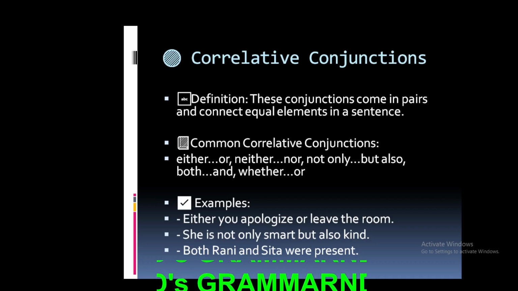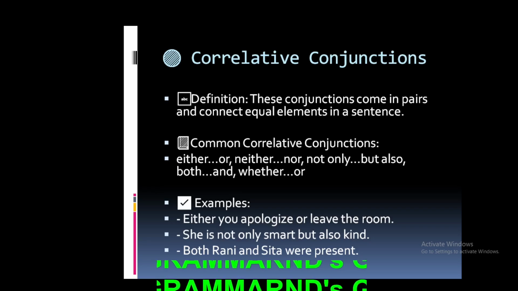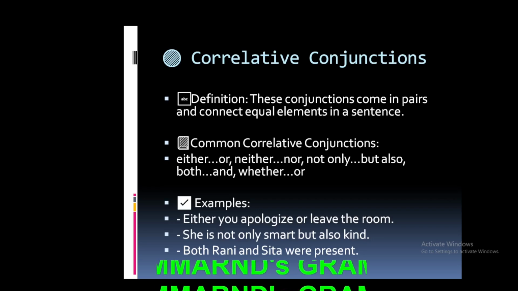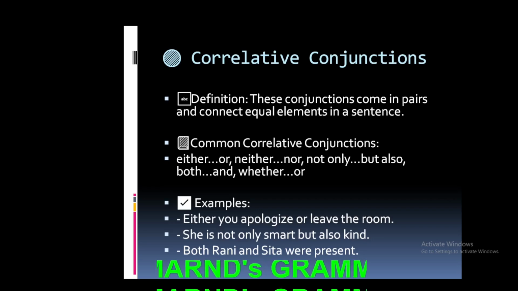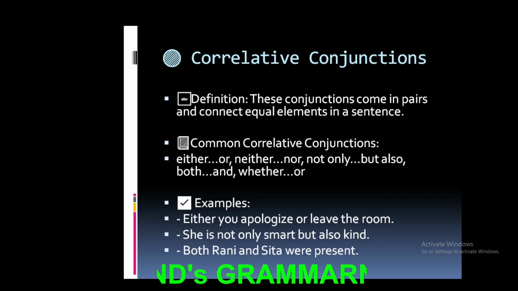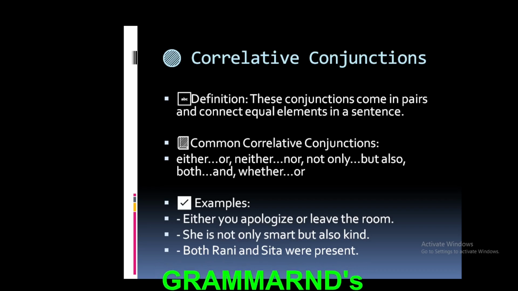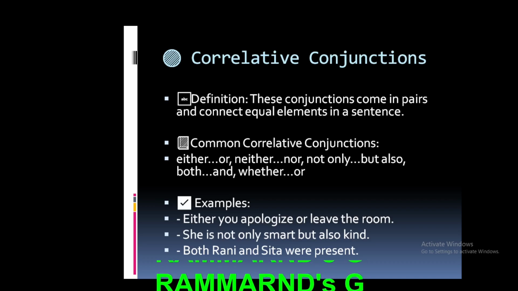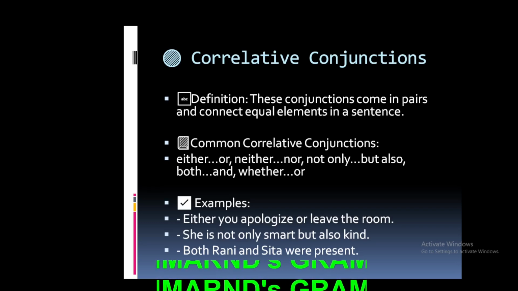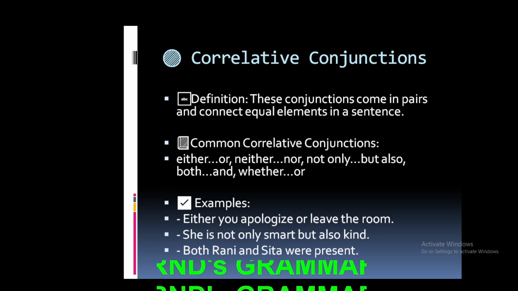A few examples: either you apologize or leave the room. Here apologize and leave the room are the two options. They are joined by either or. Second sentence, she is not only smart but also kind. Here two qualities, smart and kind, about she are joined by not only but also.